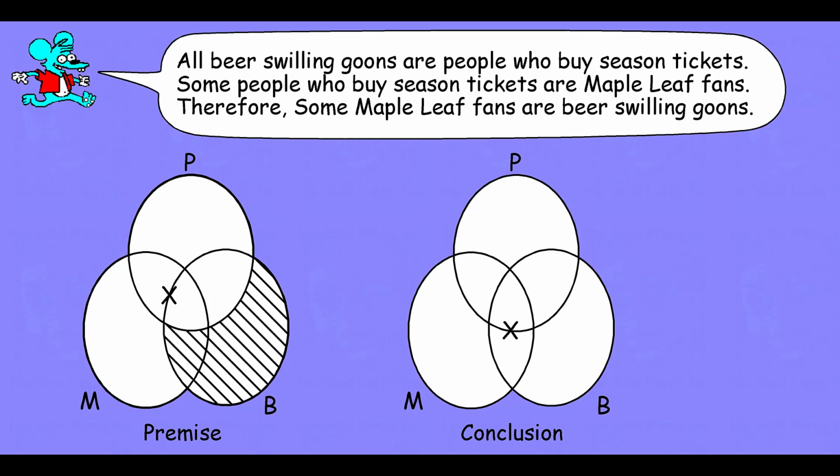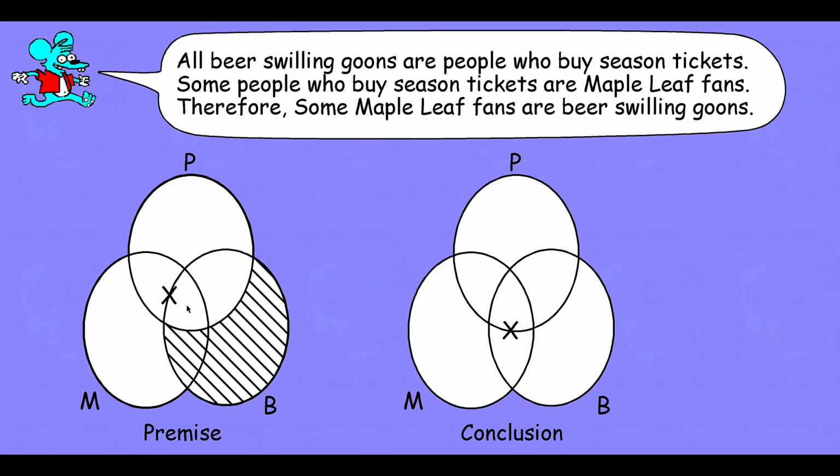Now I look at my conclusion diagram and I say I have to have an X somewhere in that intersection between M and B. I look over at what the world would have to be like in order for my premises to be true, and I ask, will making my premises true guarantee that my conclusion is true? Now I do have an X right here, and that's right on the line, but that means there's at least one way for this to be true where there's an X over here and not in here, as well as one way for this to be true where there's an X here.